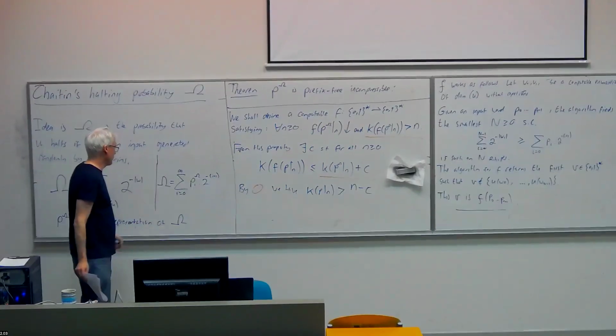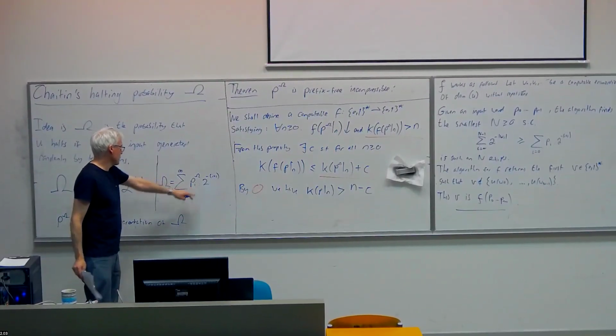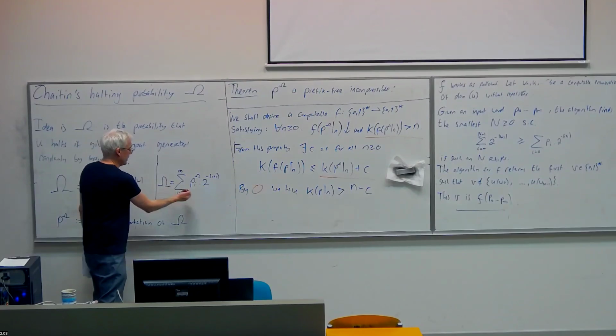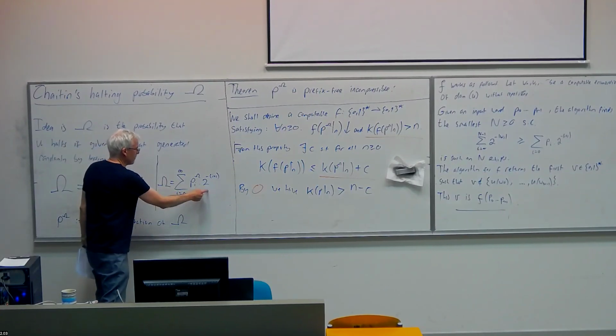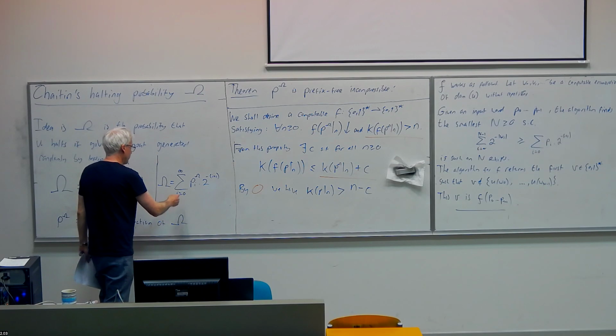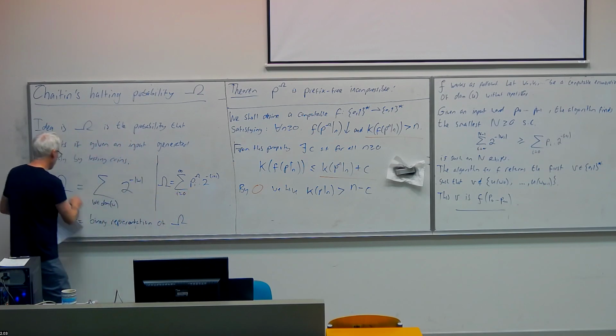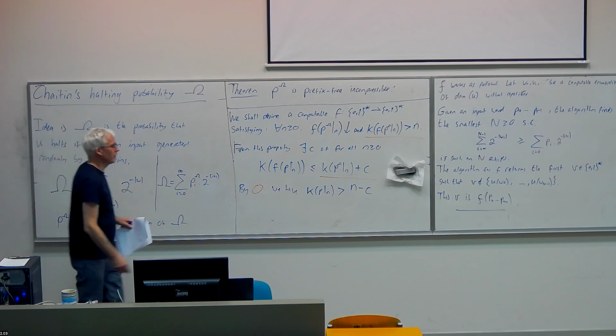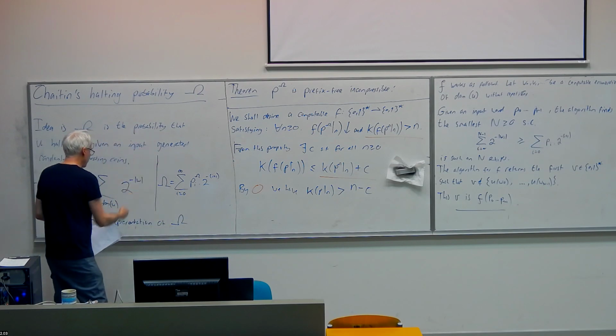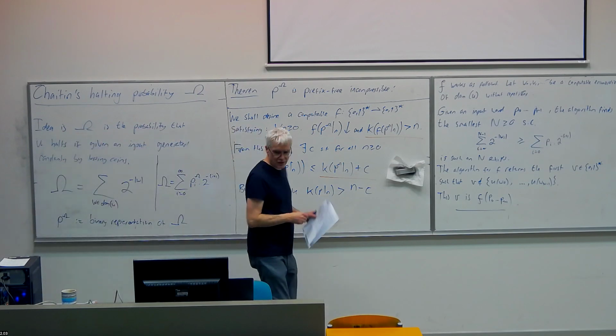Right, so we've got these two formulas for omega. We've got something below omega that's given to us by the approximation to omega that we've got so far, by the n element prefix here, but also omega was expressed as this sum of probabilities of the domain generated by the domain of the universal function.